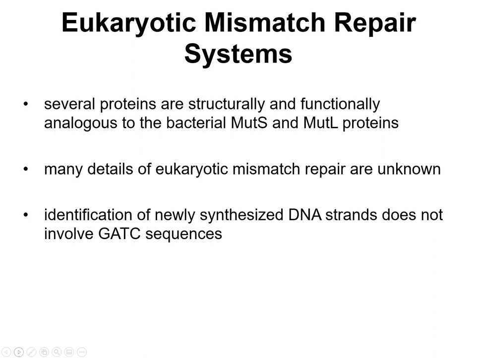There are lots of proteins in eukaryotes that are structurally and functionally analogous to the bacterial proteins involved in mismatch repair. A lot of the details are actually unknown. We don't know exactly how the newly synthesized DNA strands are identified, but it does not involve the same GATC sequences that we see in bacteria.